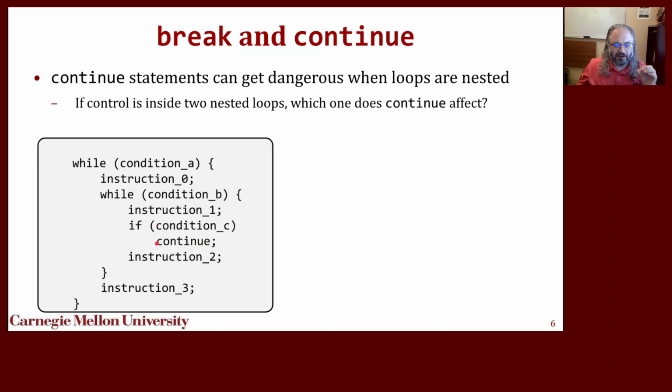So this means there needs to be a mechanism to say, I want to jump to the end of the inside while loop, or I want to abandon the inside while loop and jump to the end of the outside while loop. So if I can continue, I should be allowed to do both of these things. That I should be able to facilitate both of these.